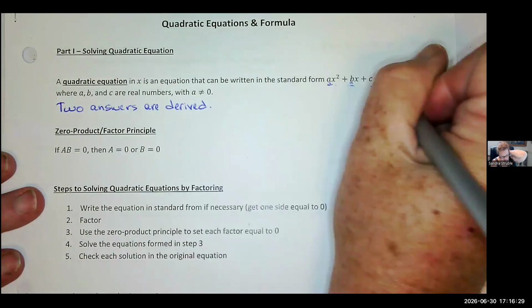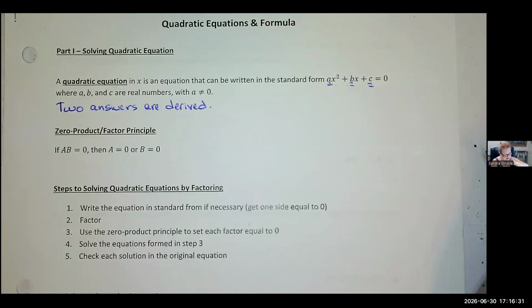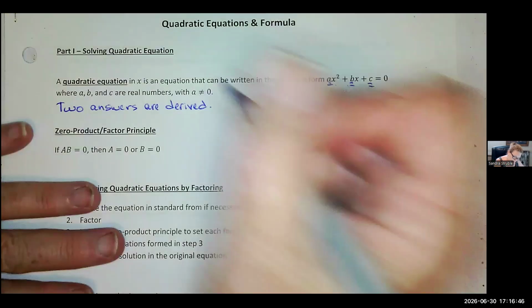The zero product principle is: if A times B is 0, then one of those has to be 0, because anything times 0 is 0. So either A has to be 0 or B has to be 0. That's all that means. So let's say we have X times Y is equal to 0.